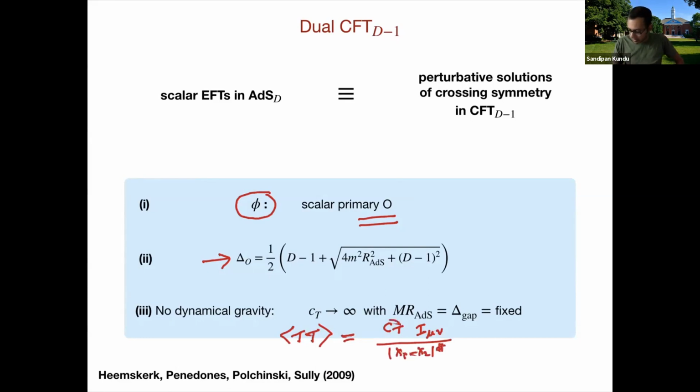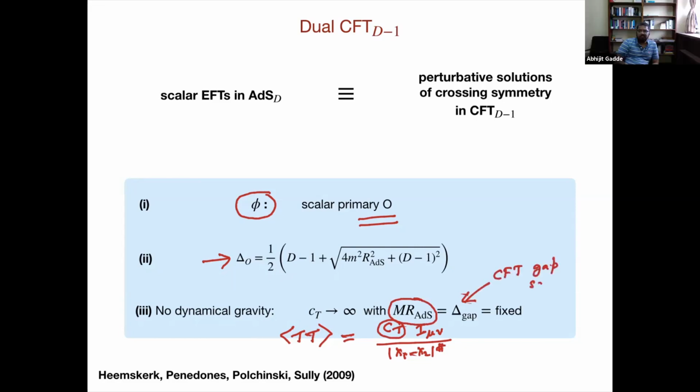So this C_T is the central charge that I'm talking about. The way you implement the fact that there is no dynamical gravity is you take C_T to be infinitely large, but you keep the cutoff scale M times the radius R large but fixed. That gives us the CFT gap scale.